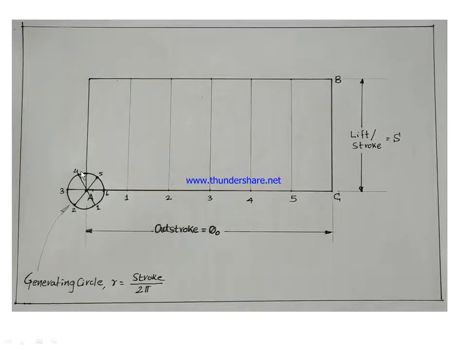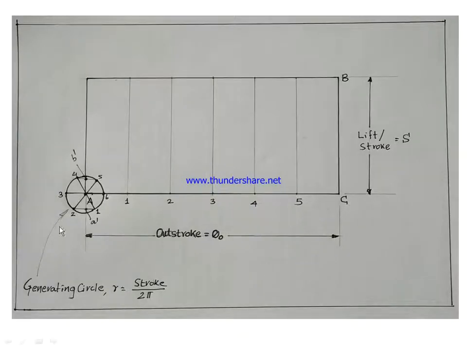Next, you also divide this circle into the same number of parts as you have divided this outstroke. That is, you have divided this outstroke AC into 6 parts. Similarly, you divide this into 6 equal parts. So 1, 2, 3, 4, 5, 6 parts have been divided in this circle.